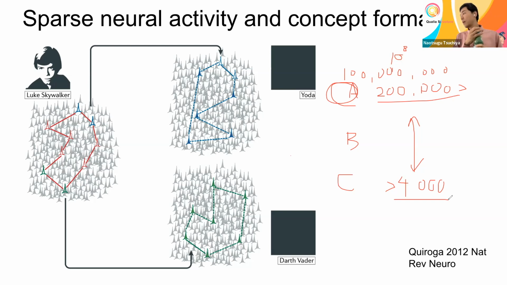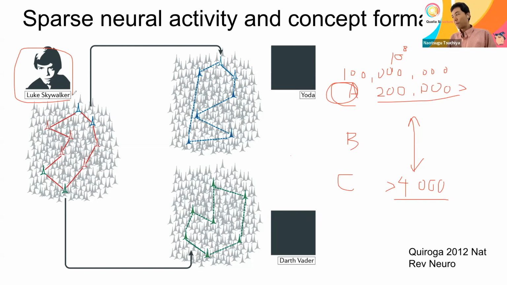So nobody really knows how many distinct concepts we have. But the kind of concept that I'm talking about here, like a typical concept such as Luke Skywalker with different views, or Yoda or Darth Vader and so on.